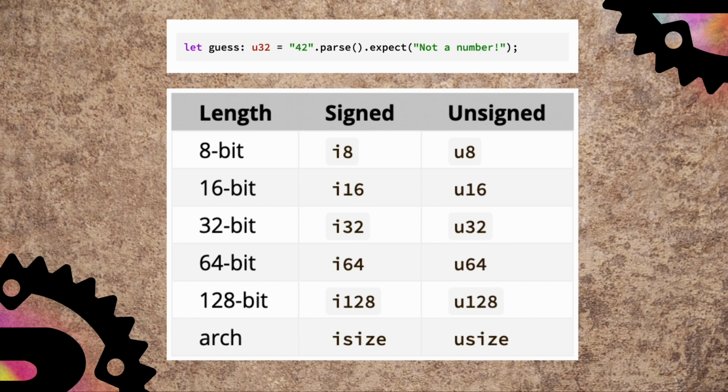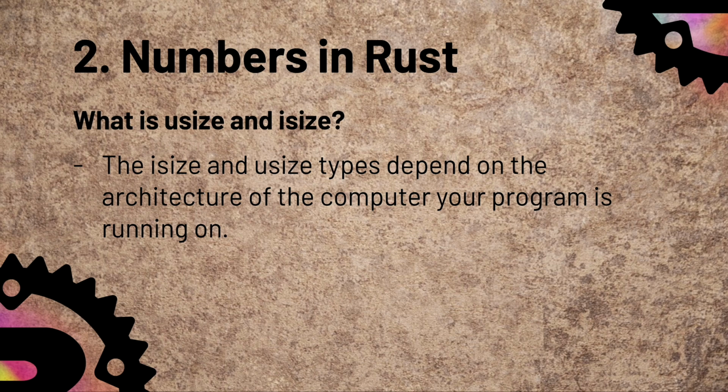Okay, let's get back to our table again. Now you can understand all of these type declarations, but how about these two, ISIZE and USIZE? ISIZE and USIZE types depend on the architecture of the computer your program is running on.